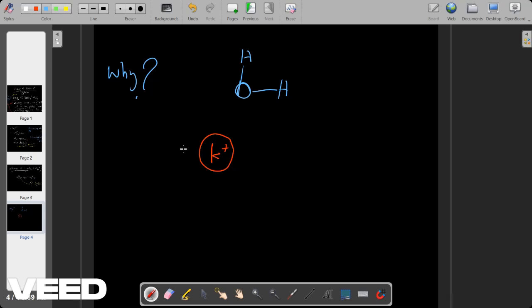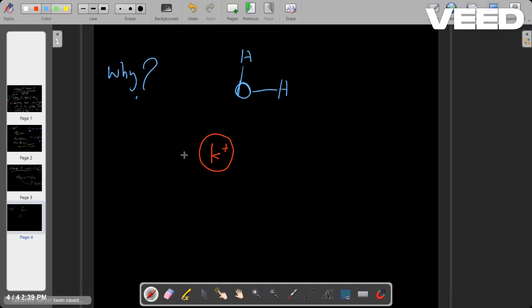I'm not talking about covalent bonds or ionic bonds, but intermolecular interactions: London dispersion forces, dipole-dipole interactions, permanent dipole, induced dipole, instantaneous dipole interactions.